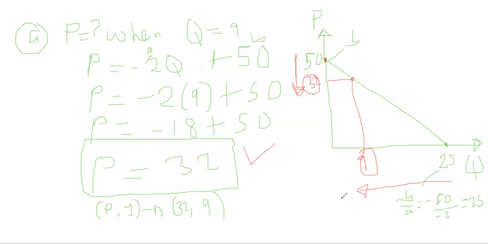So what happened was quantity fell, not so? From 25 to 9. And what happened to the price? We have seen 25, 9, okay?